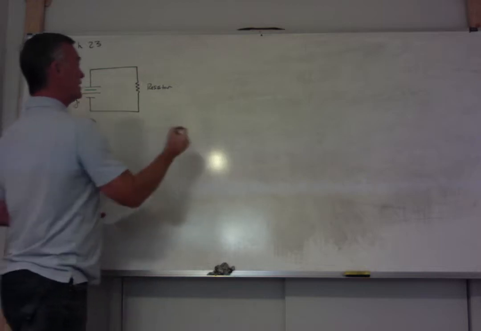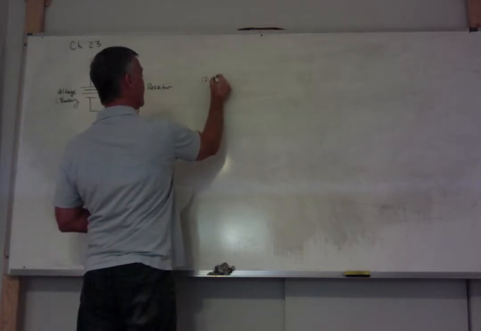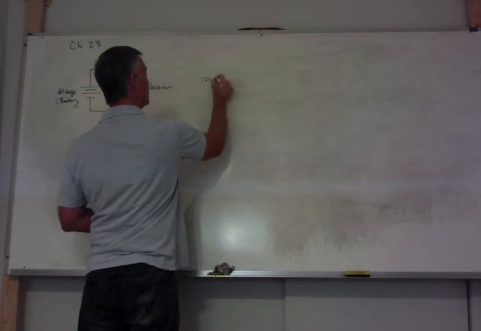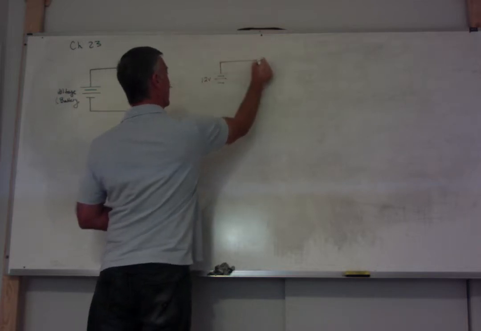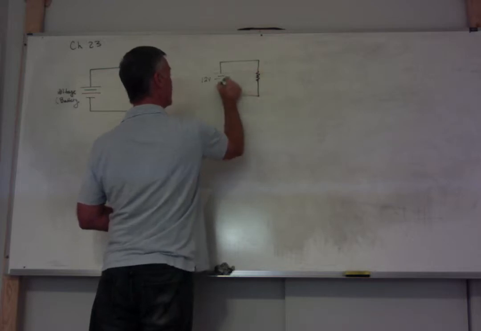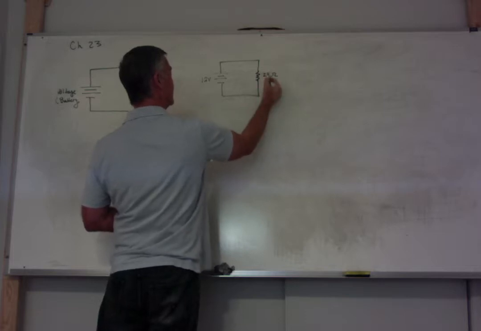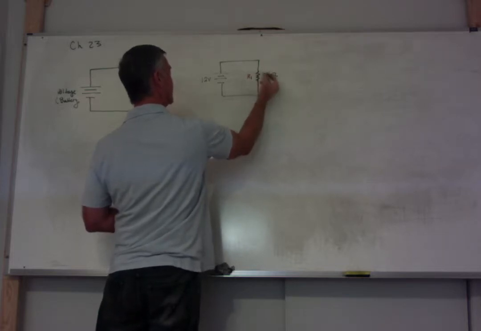So as a quick review, if I had 12 volts here, and I had, let's say, 24 ohms, and usually these are marked, this would be resistor 1.